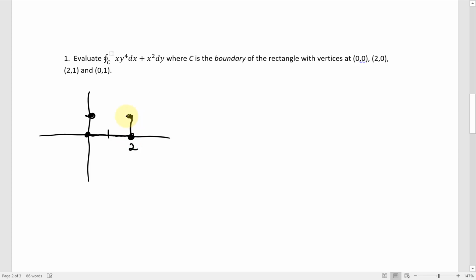So the curve C is actually this path around this rectangle. So we're looking at an integral along the curve C of x y to the fourth dx plus x squared dy.